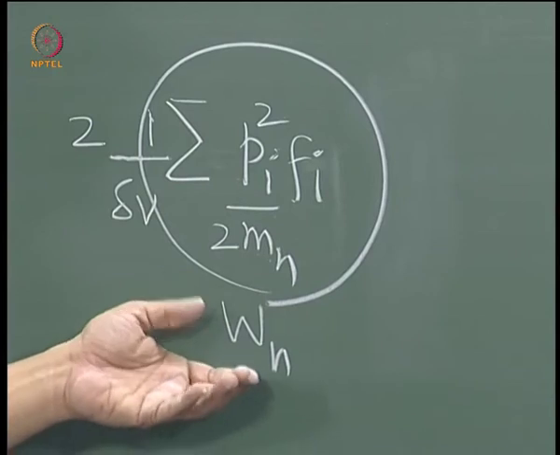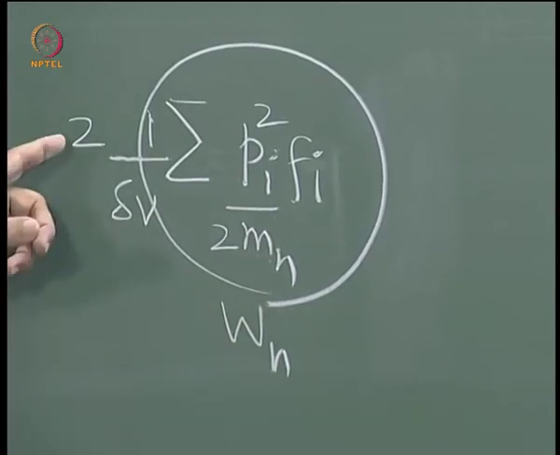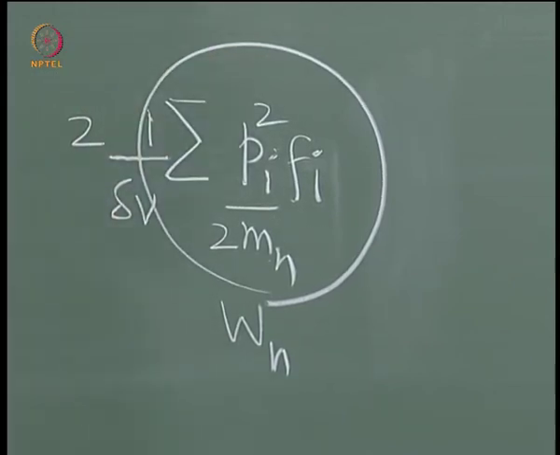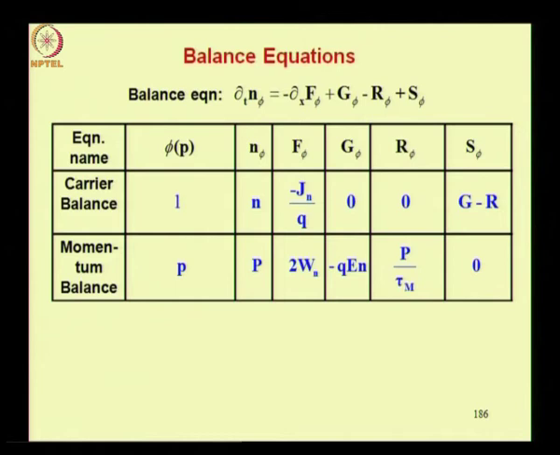Kinetic energy density, and 2 is coming out because you are dividing here by 2. So this quantity turns out to be 2 times W n. So that 2 times W n term has been entered here. I just want to remark that there was a negative sign in the slide that I showed earlier, that is not correct. So that has been corrected here. It should be positive 2 times W n.